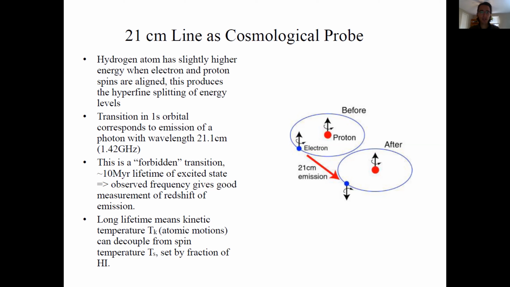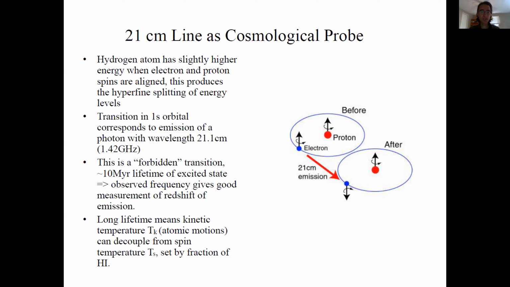We hope this will allow us to build up large tomographic three-dimensional maps of the emissions without having to do follow-up spectroscopic or redshift surveys as you would with other tracers of structure.